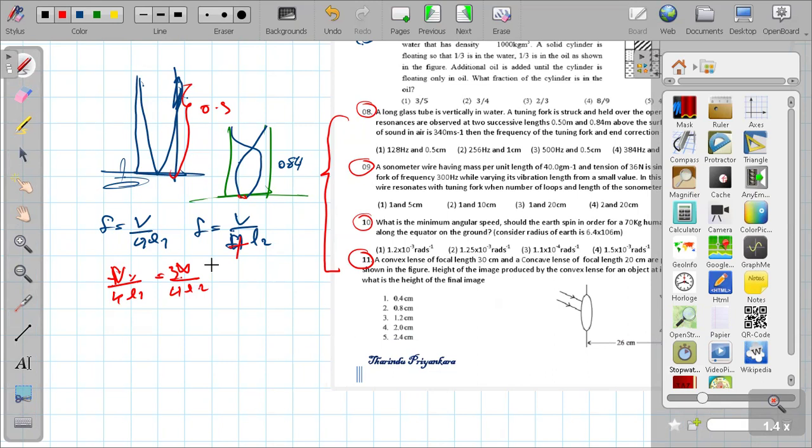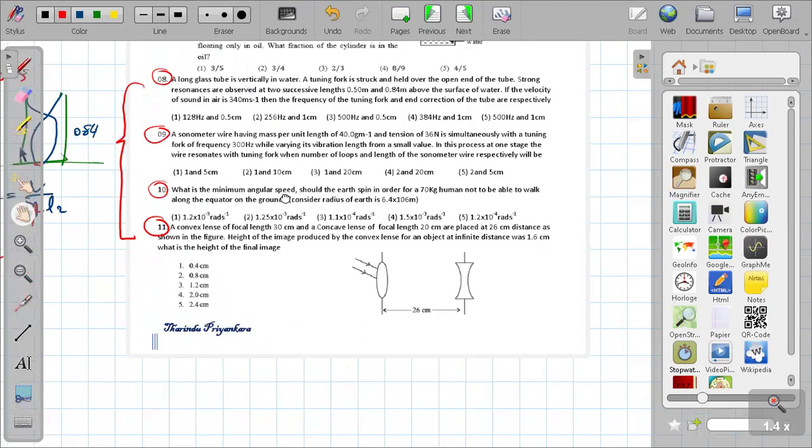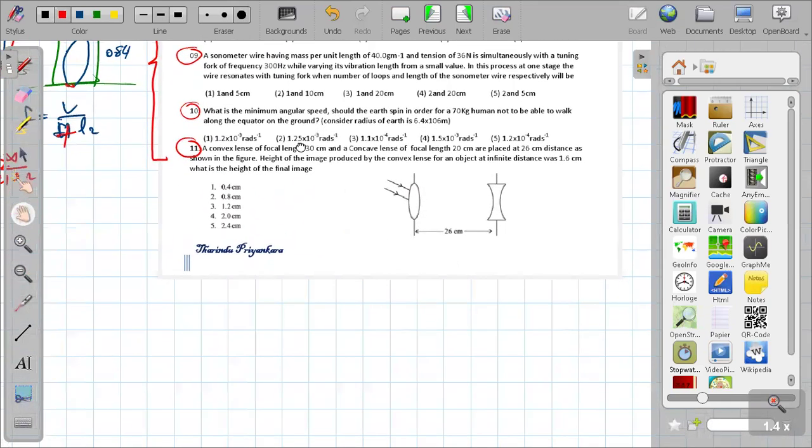Still not getting any answer. There is a certain mistake here. Let's go for the other part.